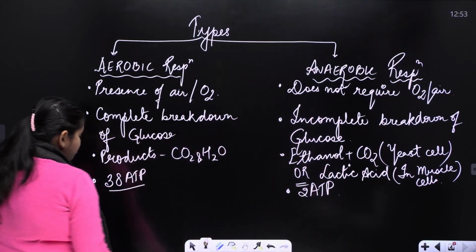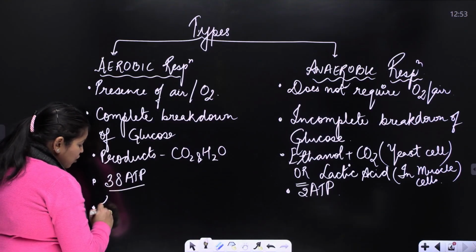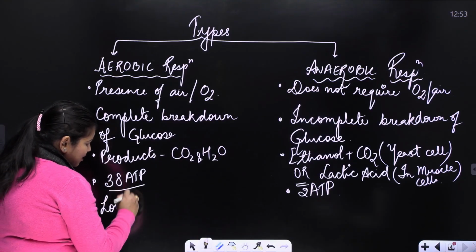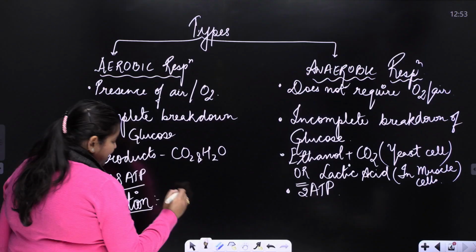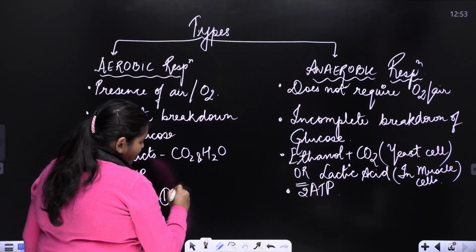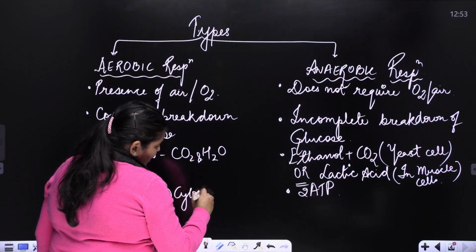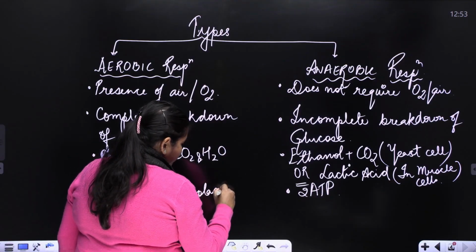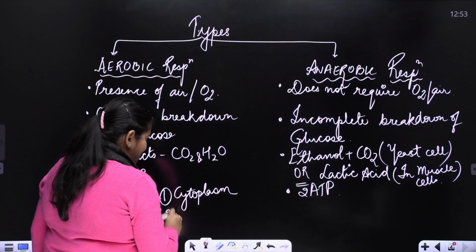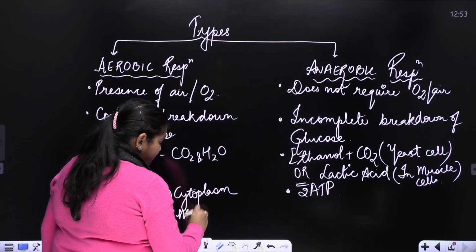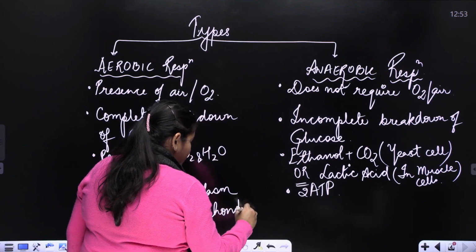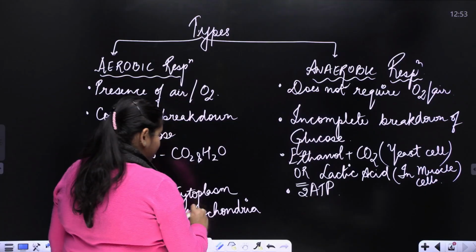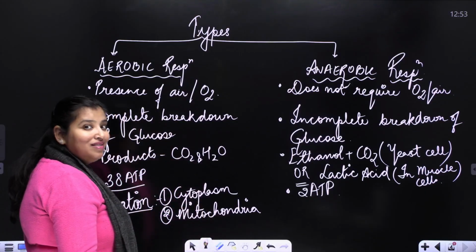Let's move to the next point, which is the site or the location where it takes place in the cell. Aerobic respiration takes place, the first step occurs in the cytoplasm of the cell, and the second step occurs in the mitochondria. So these are the two places where aerobic respiration will take place.